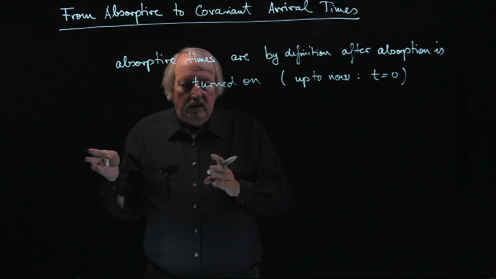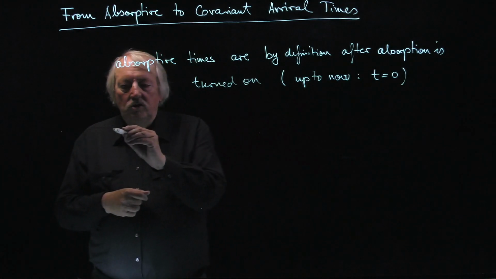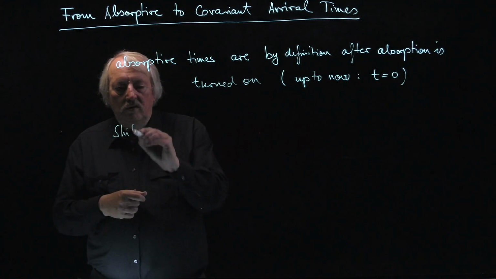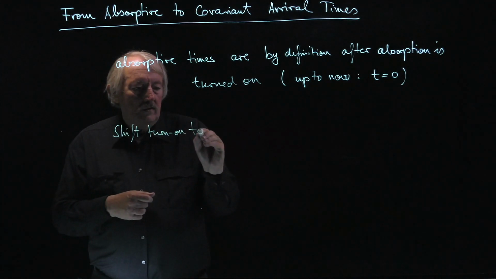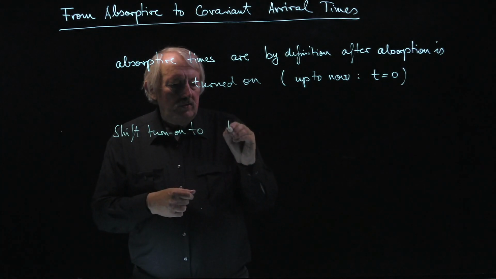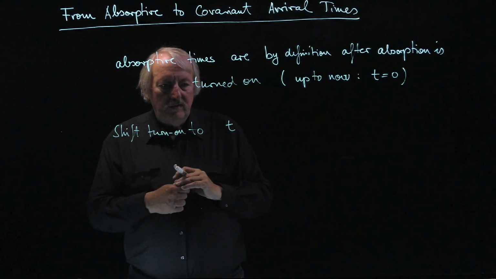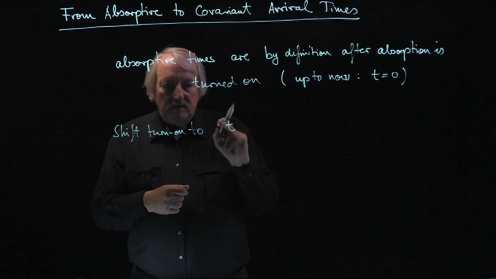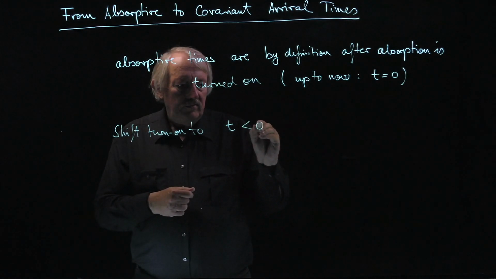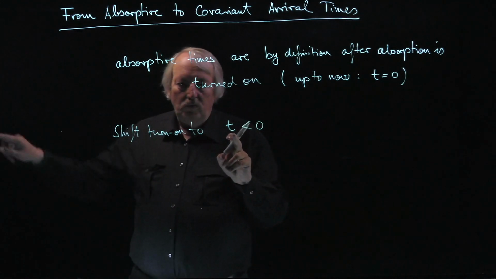So we can shift that, right? So shift the turn on to another time. In order not to get too confused with the sign, let's say the time where we turn it on is t, but this is negative, right? And we'll later take t to minus infinity.